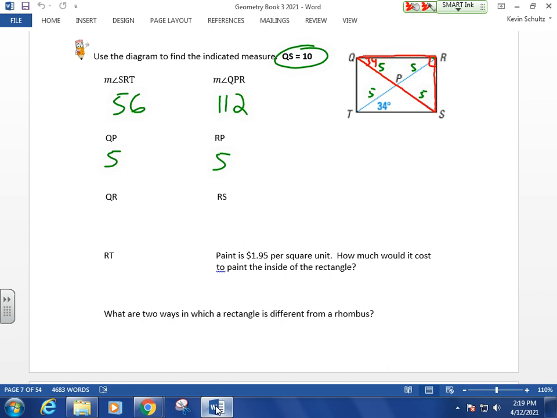QS represents the hypotenuse, QR being the side that we want to find. One option is to set up the cosine of 34 equals adjacent side x over hypotenuse 10. And that gets you approximately 8. I think it actually ends up being like 8.29 or something, right? Okay.